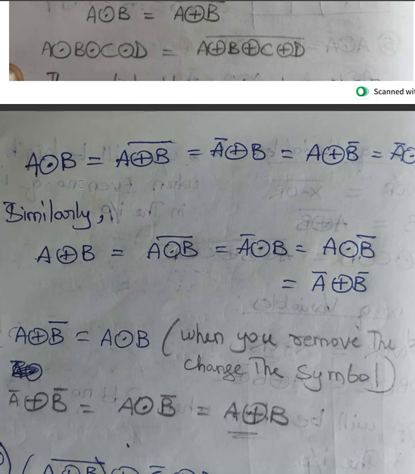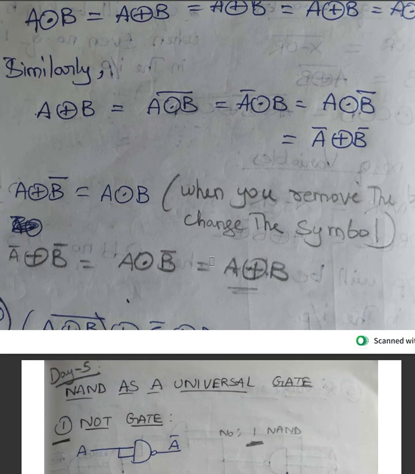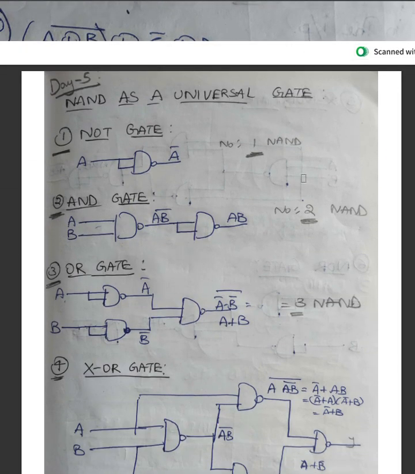So if you have A XNOR B and want to convert it into XOR, you can put a whole bar, or a single bar here, or a single bar there, or two bars, and you can still call it like this. Similarly, XOR can be converted into XNOR by putting a single bar or a double bar. It will still be the same. Whenever you add or remove the bar, you change the symbol. Okay, remember this.